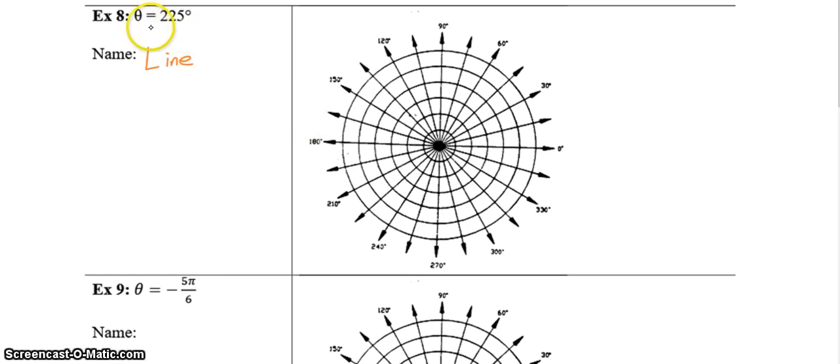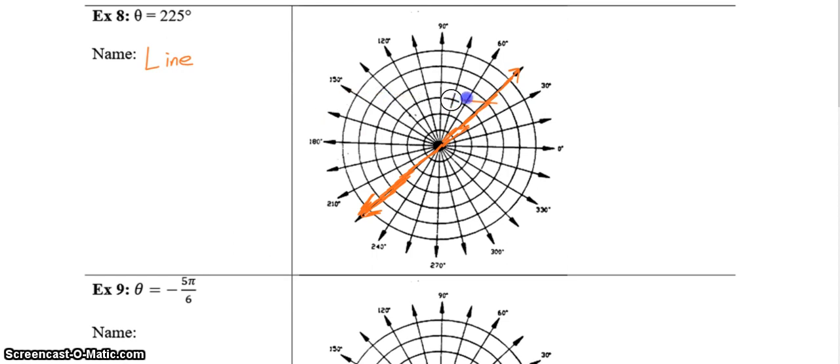Now, if you think about it, where is theta 225? Well, right here, and since the equation has no r, it doesn't matter. Those are all your positive r's. What happens if r is negative? Well, it goes in the other direction. So all of these are going to be lines through the origin.